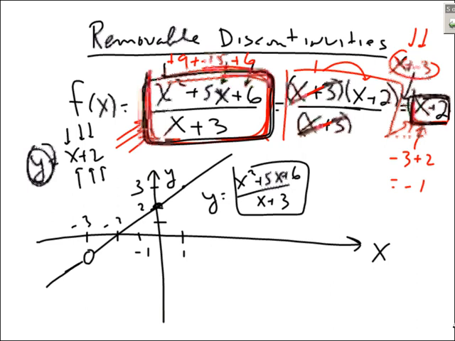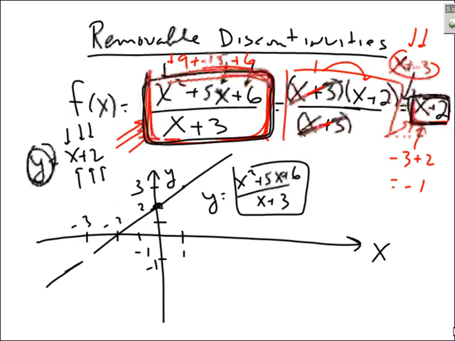This is called a removable discontinuity. Why is it removable? Because if I redefine this one point, if I say everyone, when x is negative 3, y is negative 1, then it's continuous. Okay, this is called a removable discontinuity.